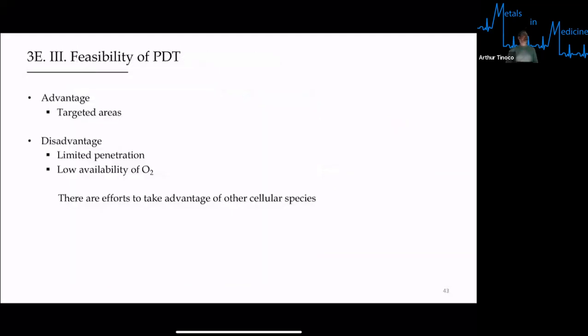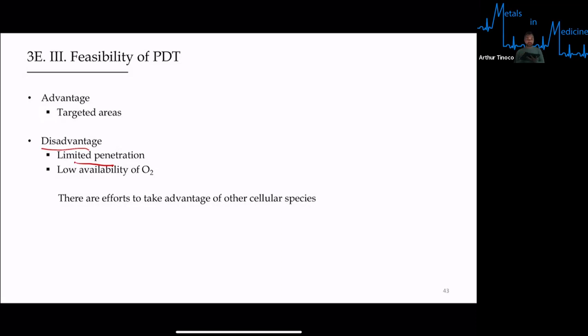All right, so the feasibility of PDT. The advantage is that it's going to be targeted in terms of where it's applied, but then you're going to have the disadvantage of, depending on what type of cancer you're talking about, limited penetration. Even if you're using that optimal wavelength that I was telling you, depending on what part of the body, there are limits to how that energy can reach the particular tissue.